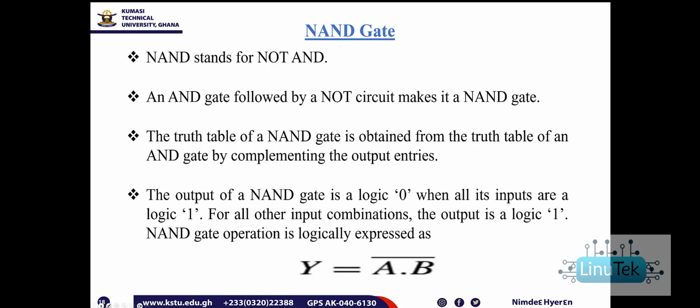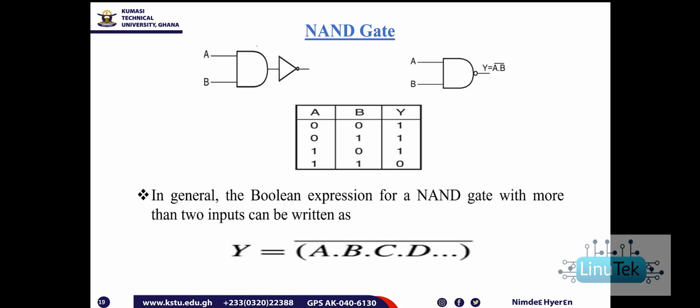So in this case, you have an AND gate with a NOT gate at the output. So whatever these inputs are, because they are performing an AND operation, their outputs would be complemented.